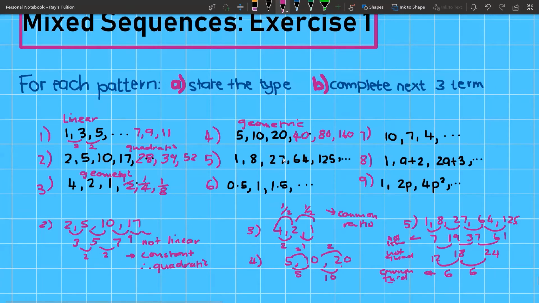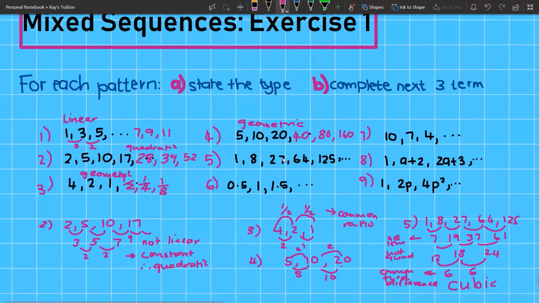And if it has a common third difference, you can guess what it would be. If it's linear with a common first difference and quadratic with a common second difference, that means with a common third difference, it is cubic. So these are your numbers cubed. So this is 1 cubed, 2 cubed, 3 cubed, 4 cubed. The next one will be 5 cubed.